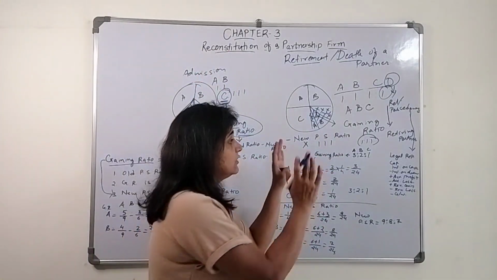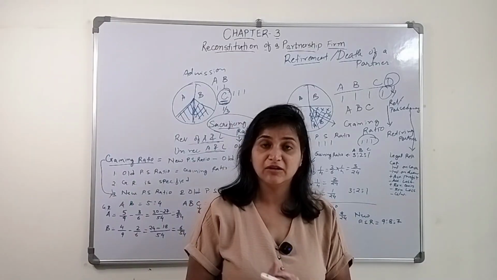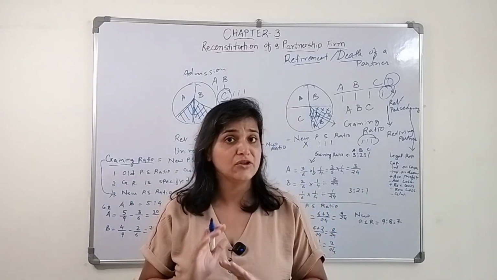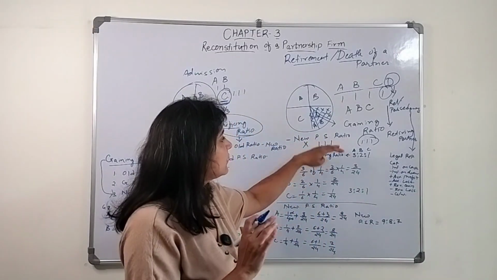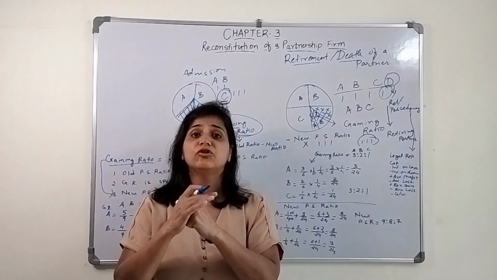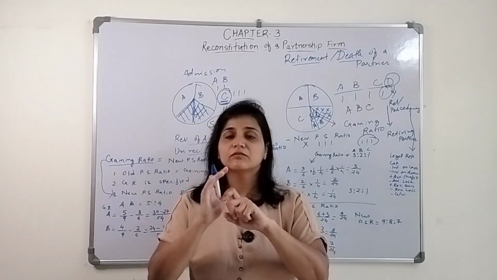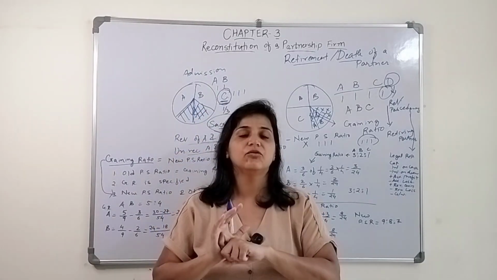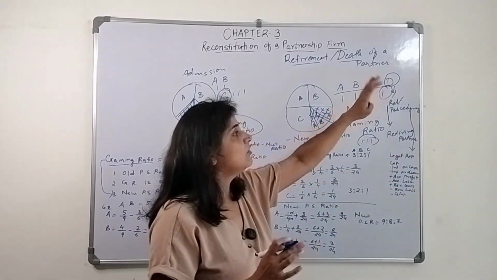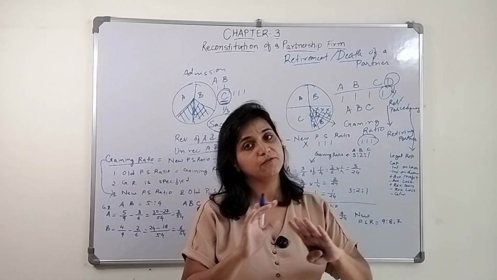Now you understood, when the gaining ratio is given, you have to determine the new profit sharing ratio. When gaining ratio is not given, then you have to assume that whatever is their old profit sharing ratio, that is only going to be their new profit sharing ratio, and in that ratio they are going to share the profits of their retired partner or the partner who has passed away.